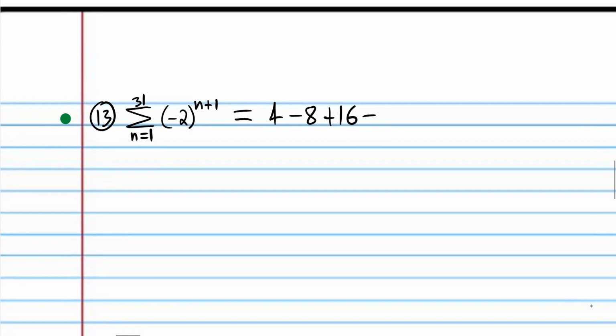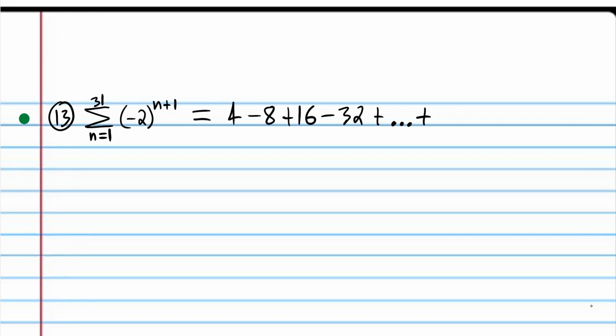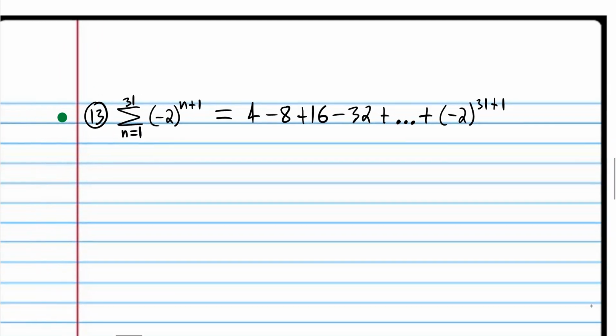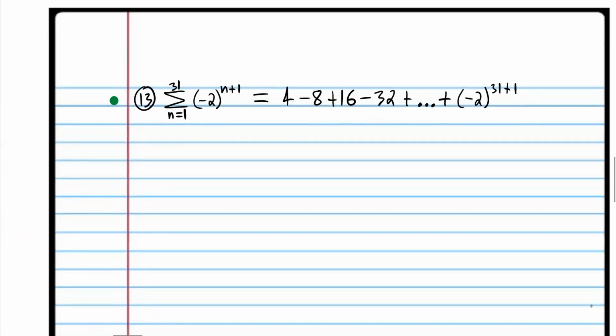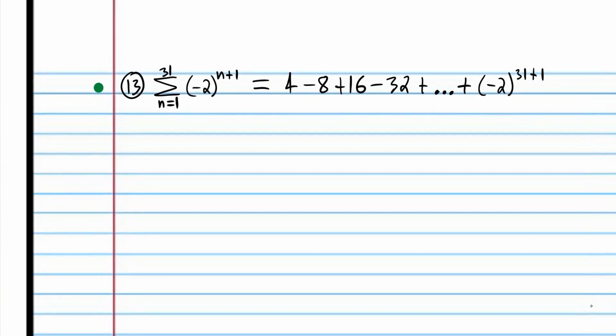And if you plug in 4, you get negative 32, and so on and so forth. And we go all the way to negative 2 to the 31 plus 1 power. So is this arithmetic or geometric? Obviously it's geometric, because we're multiplying by negative 2 each time.